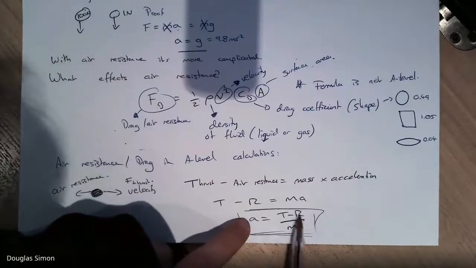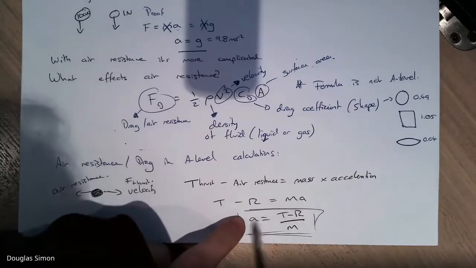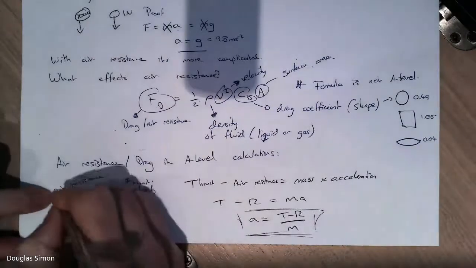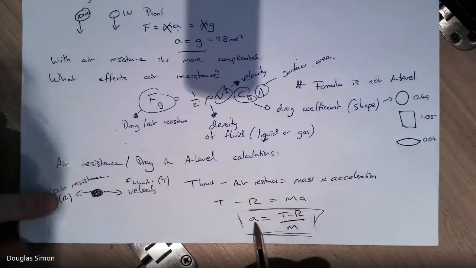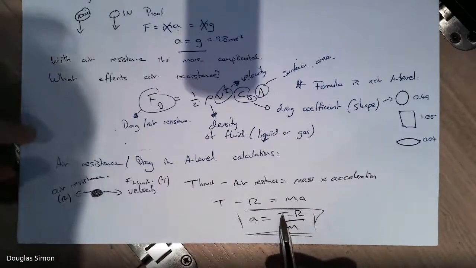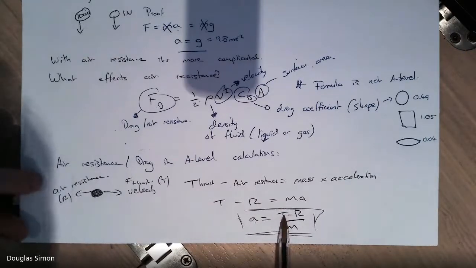Obviously, if there is no resultant force, the acceleration is 0. If there is a resultant force, the acceleration is non-zero. So if the air resistance is greater, then the acceleration is negative, which means it slows down. If the thrust is greater than the air resistance, then the object would accelerate.